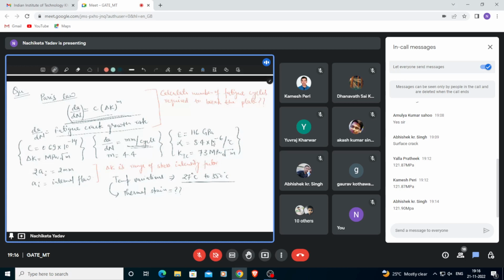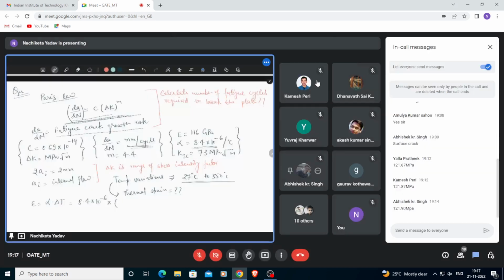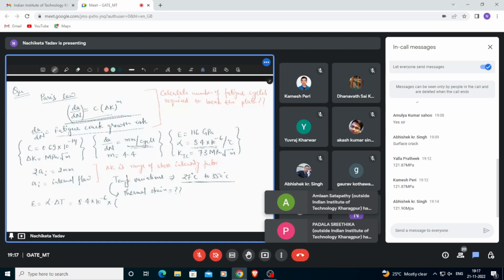What will be the thermal strain? This value is given, so it will be alpha into delta T: 8.4 into 10 to the power minus 6, into the temperature difference, 350 minus 27.